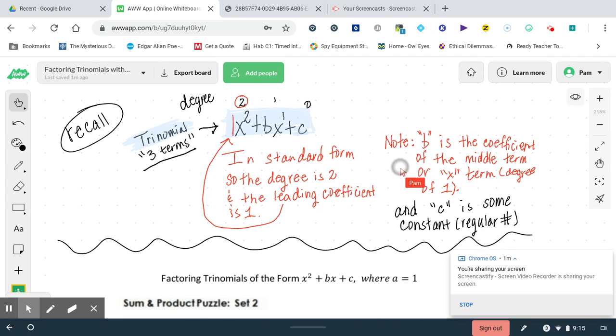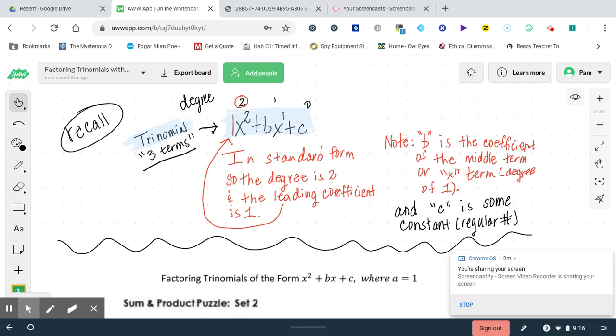Now look at these side notes. It says b is the coefficient of the middle term, or x. So here's my middle term. This b just stands for the coefficient of whatever x is. Now, if they're out of order, suppose bx is not in the middle. Don't worry about that, because you're really looking at the term with the degree of 1.